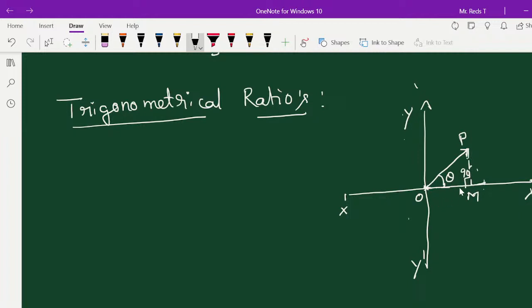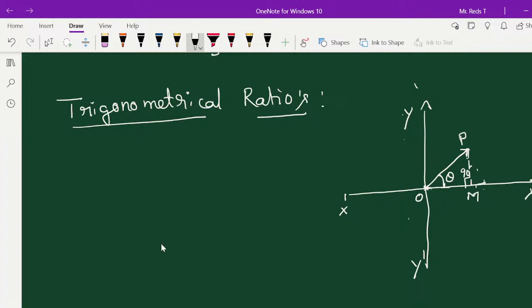Then OMP, or OPM, forms a right angle triangle. When this line is rotating, the angle theta will be changing, increasing. These points you have to keep in mind.